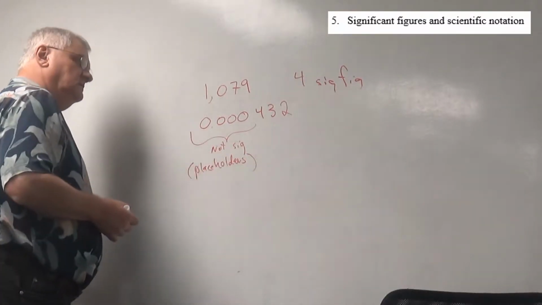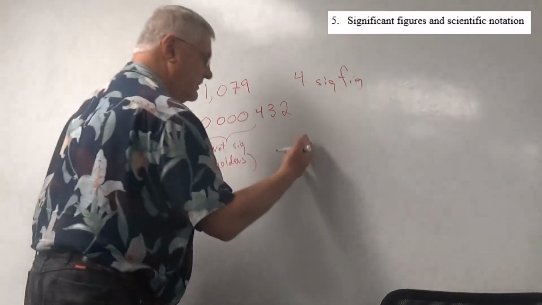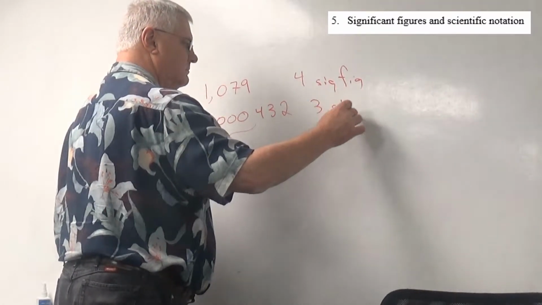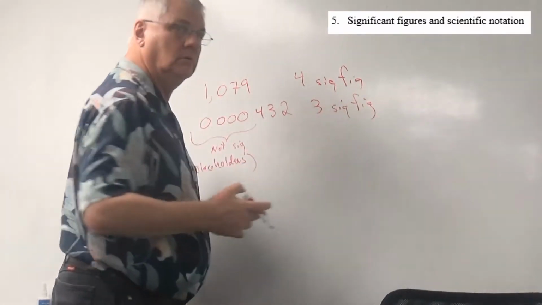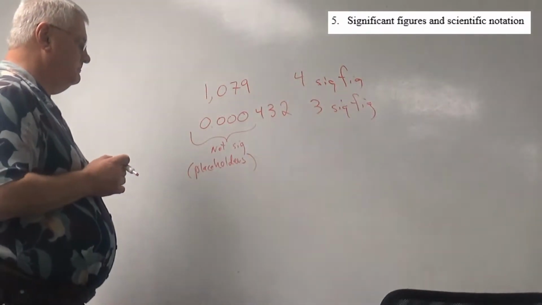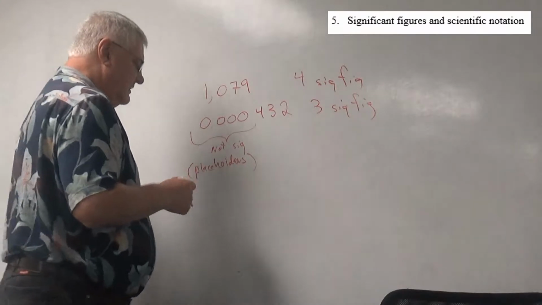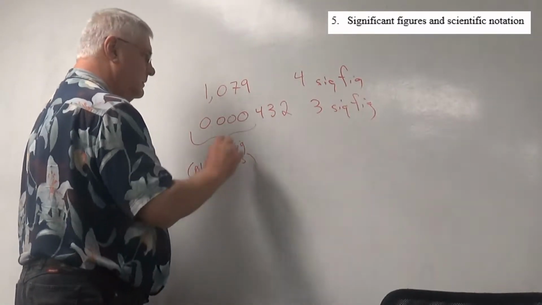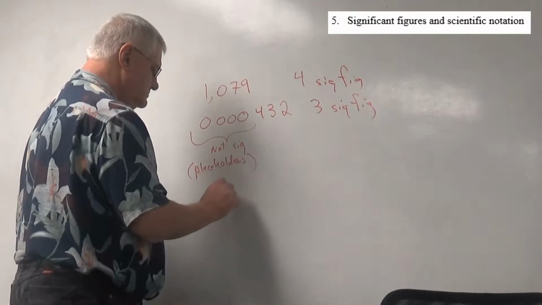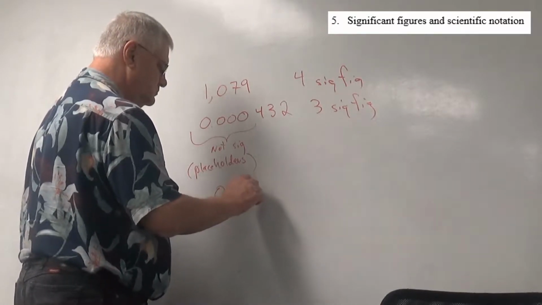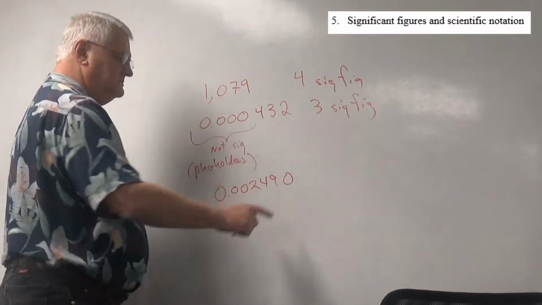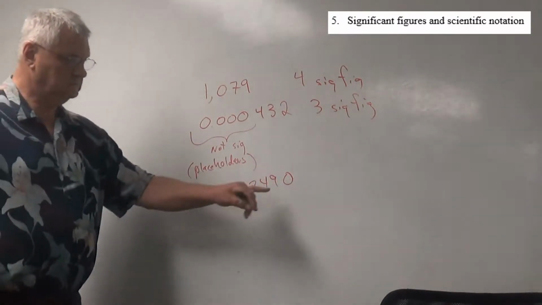And so for this number, this decimal fraction, it only has 3 significant figures, okay? If you have zeros on the right of a number like this, well, this zero is significant.